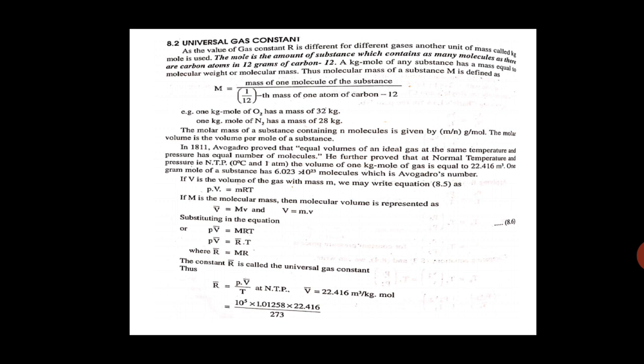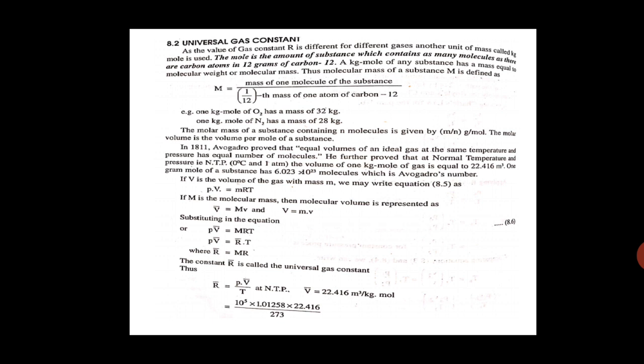Now we can see, if capital M is the molar mass, then the molecular volume, which we write as V bar, V with a line on top of it, is equal to capital M into v.